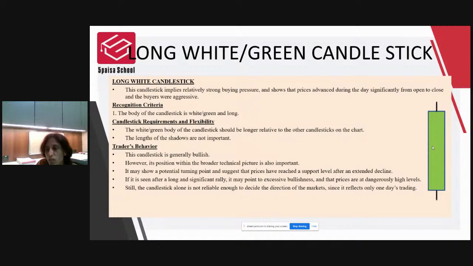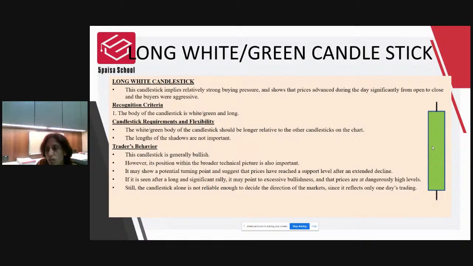How will you recognize this? The body of the candlestick is either white or green, and it is long. So this is one good way of identifying this kind of chart type. Now, what are the requirements of this candlestick and its flexibility? The candlestick should be longer relative to other candlesticks on the chart.